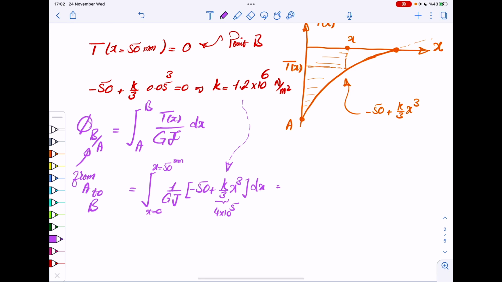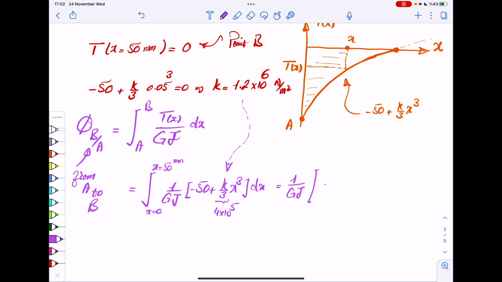Okay, so that would be the integral of 1 over Gj, integral from 0 to 0.05 of, well, we can integrate it immediately. Minus 50 gives us minus 50x. This gives me x4 divided by 4, right?